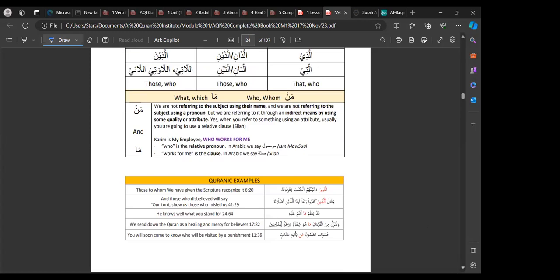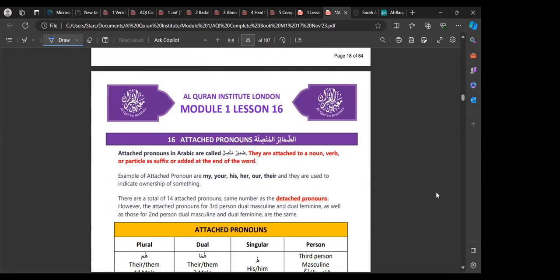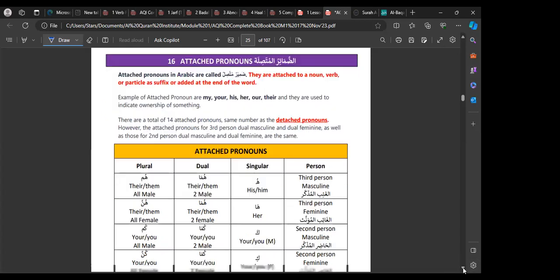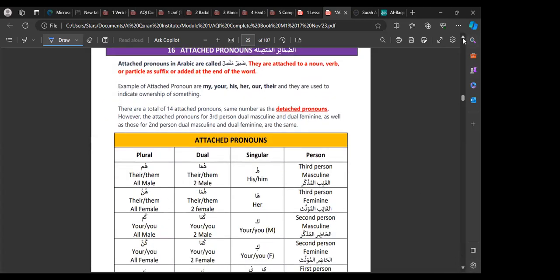Then we have attached pronouns. Ad-dama'irul muttasila. Attached pronouns and detached pronouns have different functions within Arabic. In Arabic, attached pronouns are possessive.